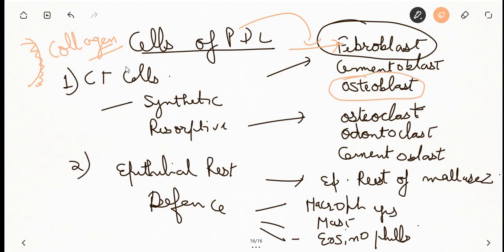Others are the osteoblasts. These are found on the surface of the alveolar bone. These are the bone forming cells that are derived from osteoprogenitor cells. The cytoplasm is basophilic and the nucleus is ovoid because of abundant RER, that is rough endoplasmic reticulum.